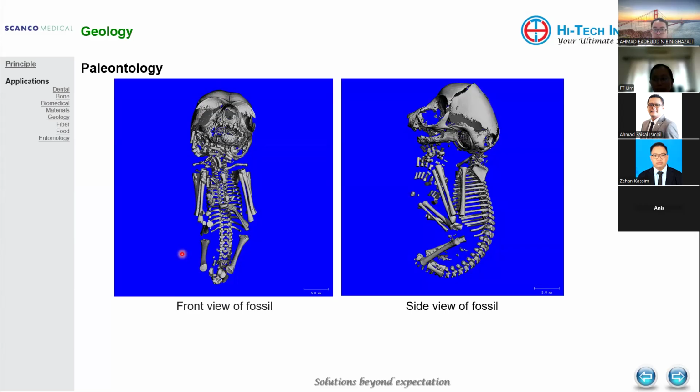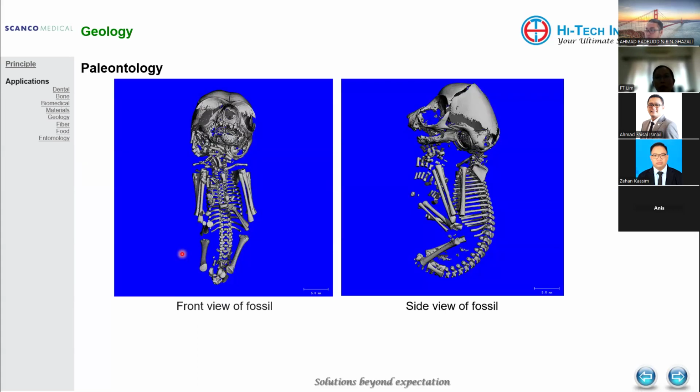And the biggest that we have scanned is a fox, which is a fossil, and a fox. So you can imagine the size of a fox is quite huge. So we do have a MicroCT whereby it allows a big object to be loaded into the MicroCT.